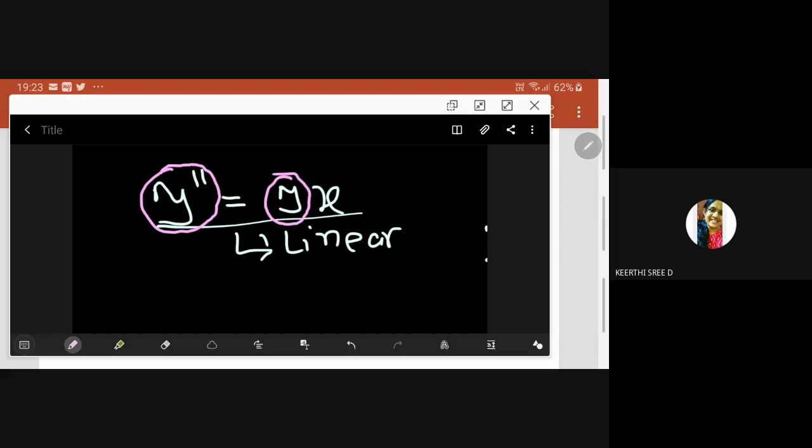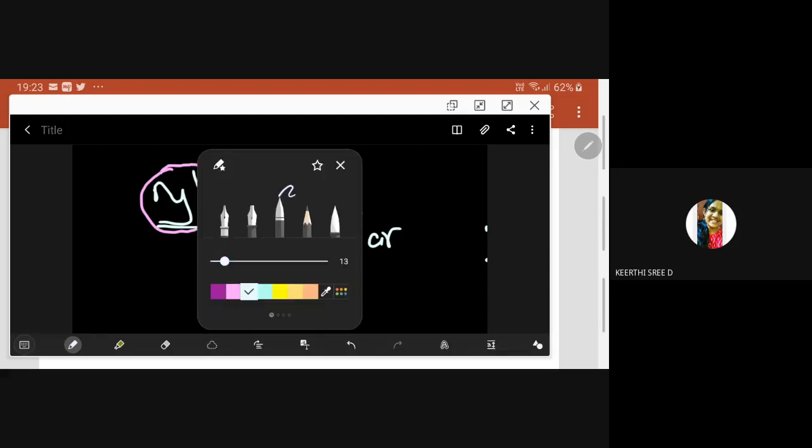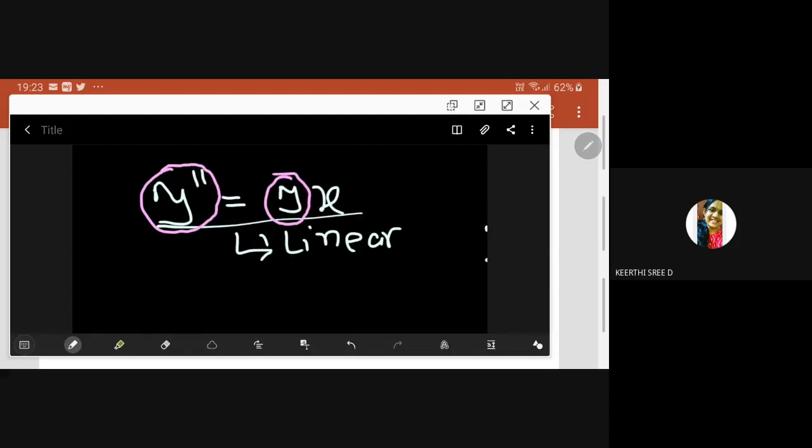I will give one more example. First we look at some examples. Like you have y double dash is equal to 3y. This is another example. This is also linear. But what is the difference?